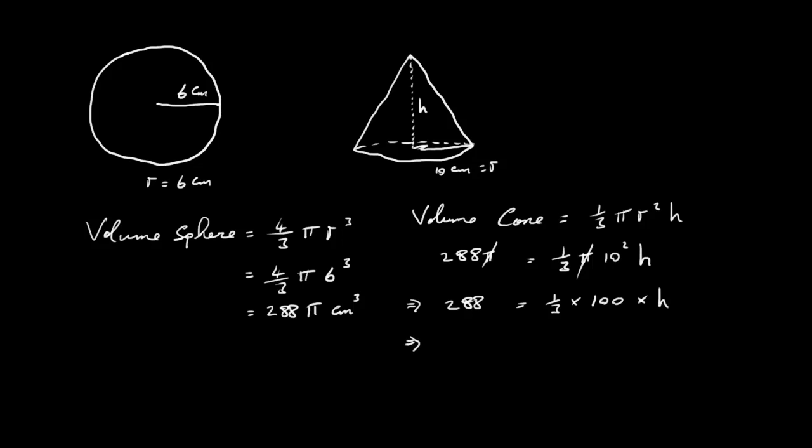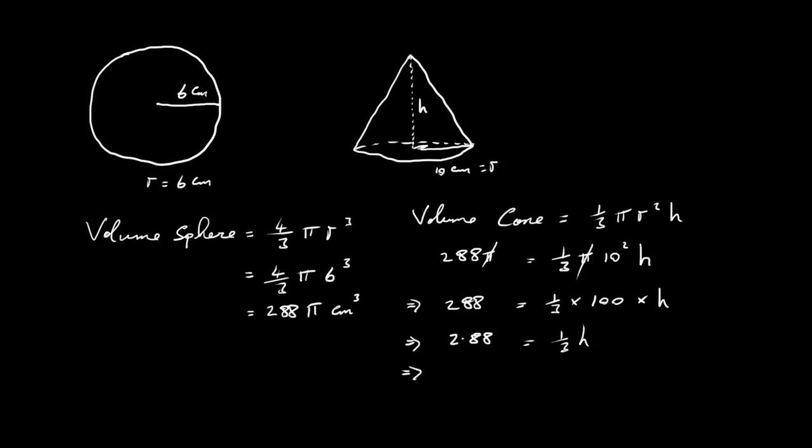So what we end up with here really is 288 divided by 1/3 divided by 100. So we divide across by 100 and divide across by 1/3. If you divide 288 by 100, we get 2.88. That's equal to 1/3 h.